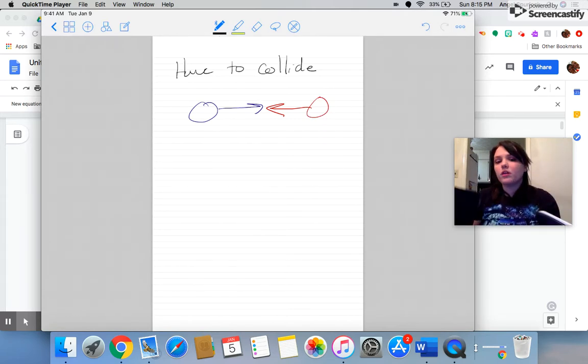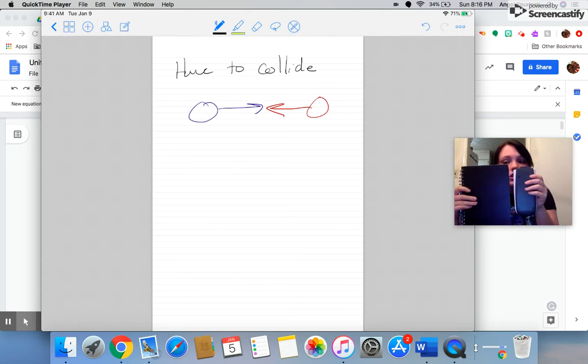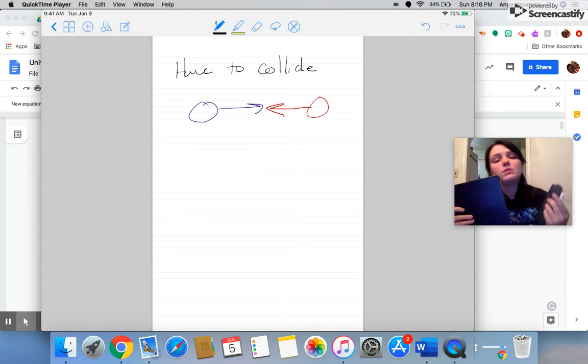So we can break bonds via collisions. But we also have to make bonds via collisions. Even if they were this close, they're not going to be close enough for the electrons to be attracted to the opposite nucleus to form bonds unless they collide either, okay? So particles have to collide in order for a reaction to occur.